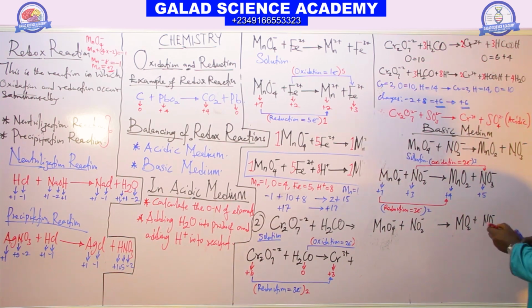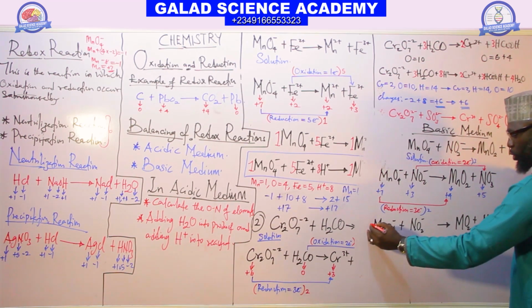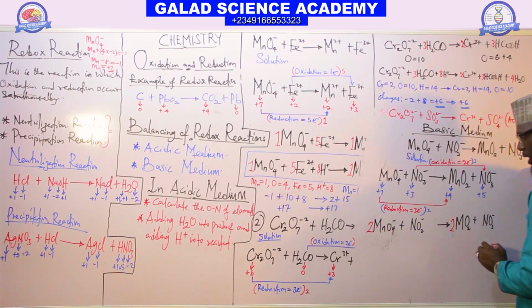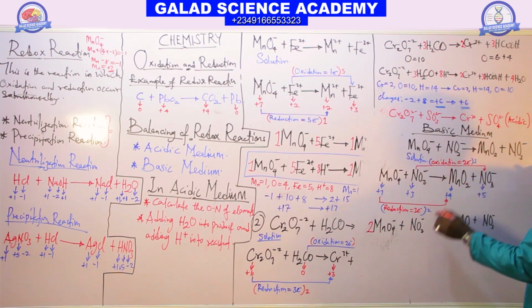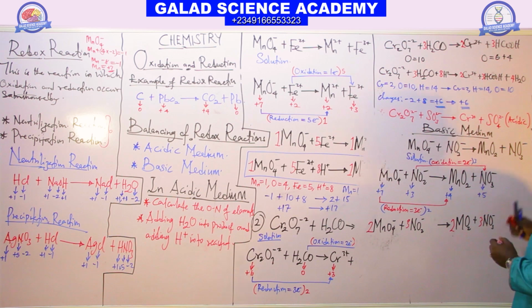Multiply it now. For reduction, where is the reduction? This. We put 2 here. Oxidation, we put 3 here. Good.